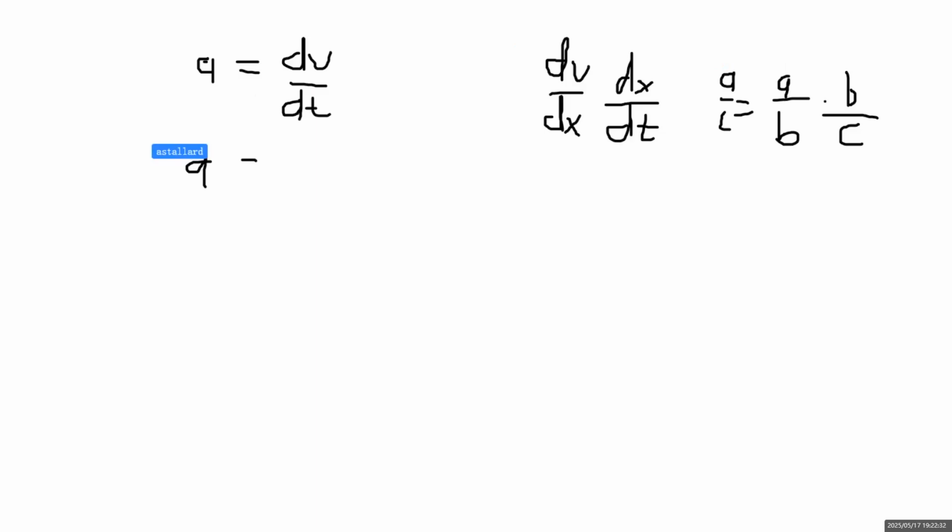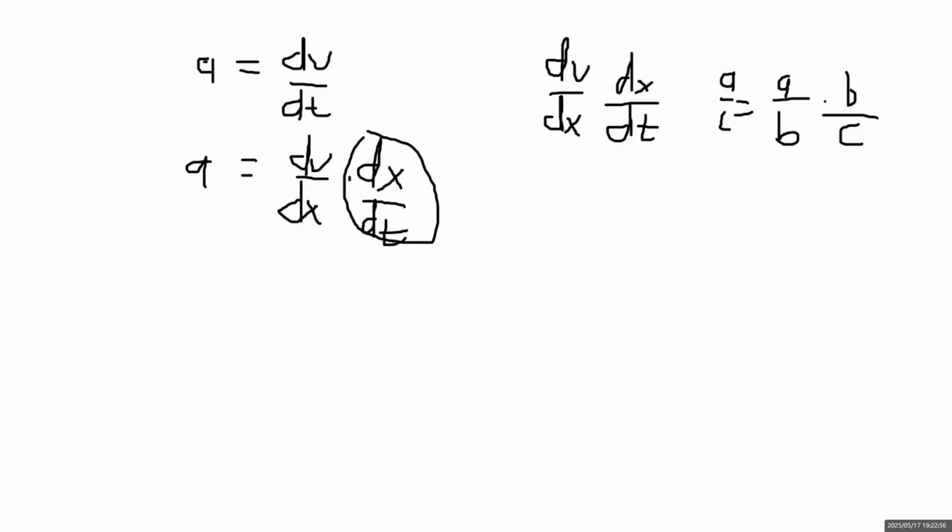So we have a is dv over dx times dx over dt. But what is dx over dt? It's just v. This is just v.